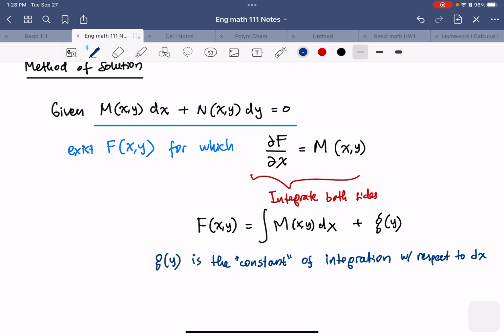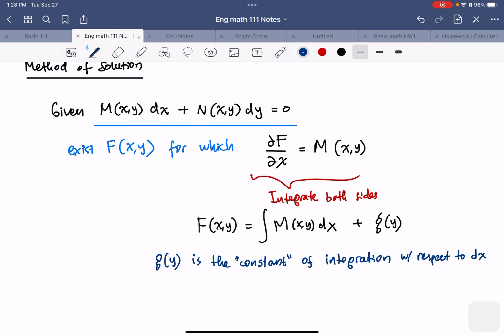Now this is becoming more interesting, and this will confirm why we have this function of y. In partial derivatives, like when we proved that this equation is exact, we proved that the partial derivative of M with respect to y and of N with respect to x have the same value, which is why we call them exact.